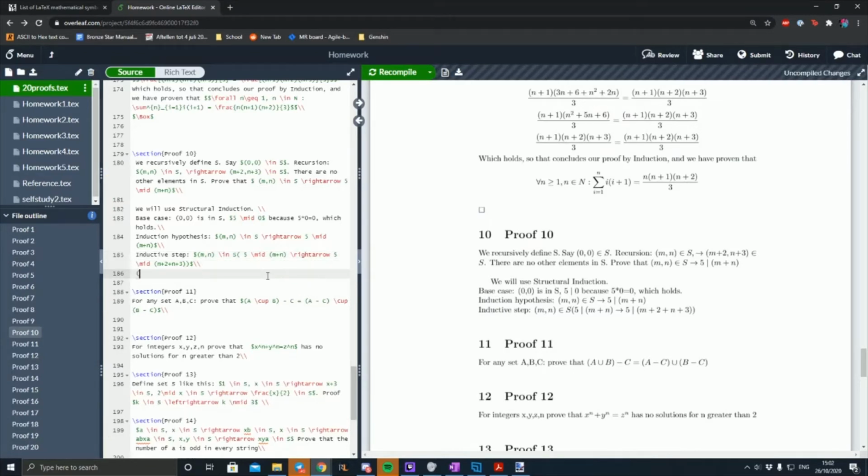So then we go on and say, we know 5 divides this. So let's have a look at the right side. We want to prove this thing for any m, n in S. This thing holds.